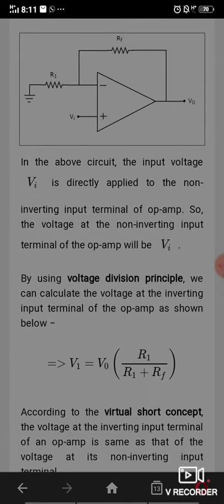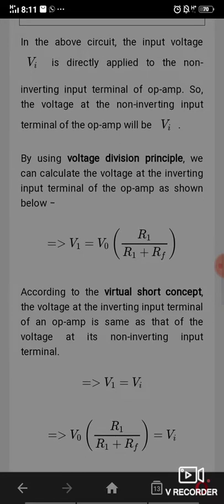By using the voltage division principle, we can calculate the voltage at the inverting input terminal of the op-amp as shown below. V1 equals Vo times R1 upon R1 plus Rf. According to the virtual short concept, the voltage at the inverting input terminal of an op-amp is the same as the voltage at its non-inverting input terminal.